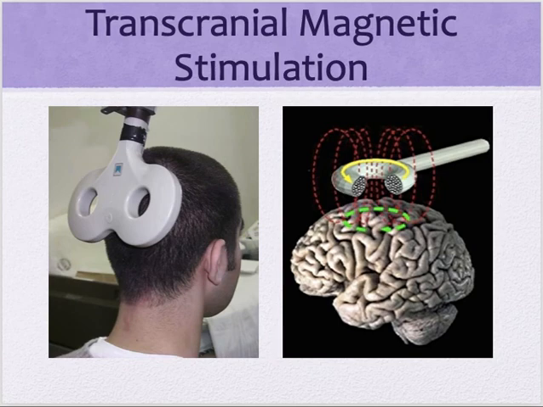So this one, if you see over here, is a non-invasive type of stimulation, and it uses a magnetic field, which you can see over here. It gives electromagnetic radiation to the brain. Now, what is the use of this? These magnetic fields stimulate the nerve cells in the brain, and it helps to improve depression.